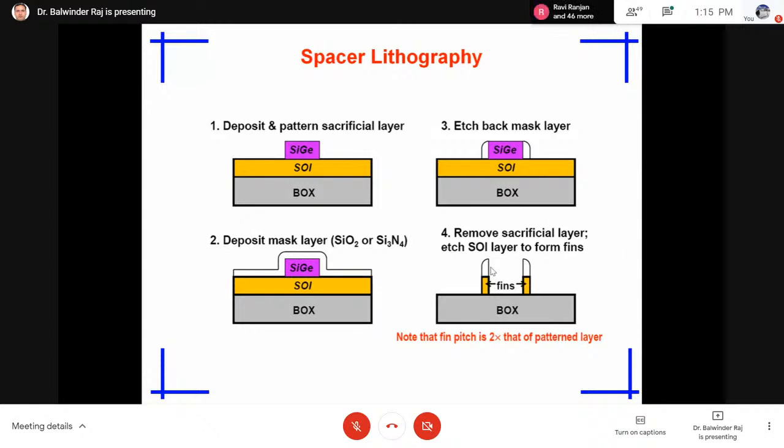Another issue with multiple fins: in the literature you can see that some people have reported 3, 5 and 7 fin structures, but from the circuit design point of view, for reliable circuit design, 3 fins are highly preferred.